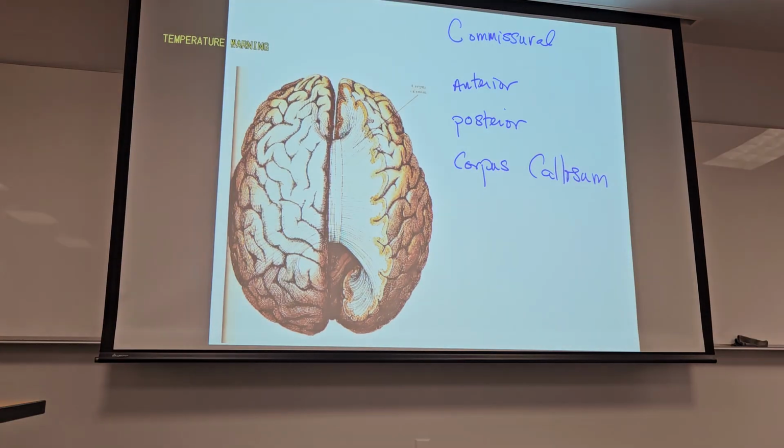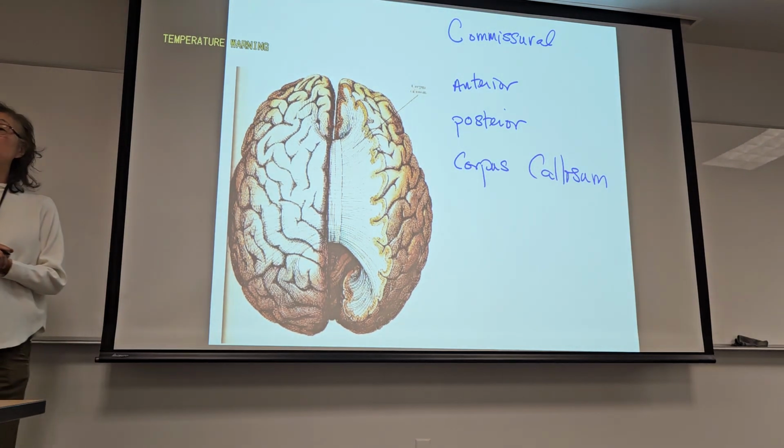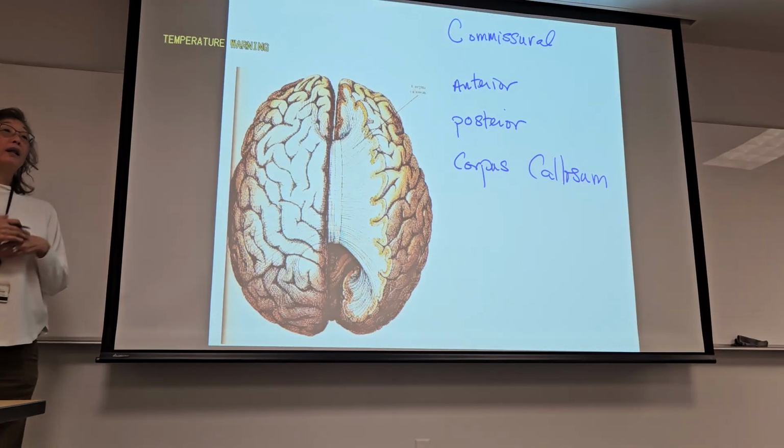What's interesting in how we know that is through situations where we have had to manipulate the corpus callosum and do a callosotomy, meaning we cut the corpus callosum deliberately. These are usually extreme last-ditch efforts people will use to control epilepsy.